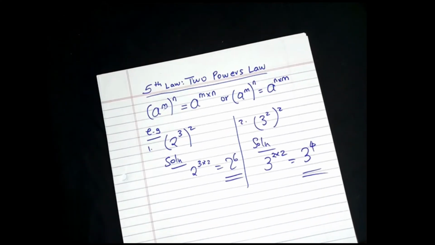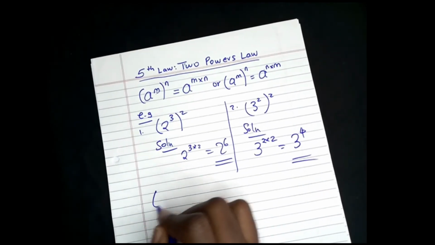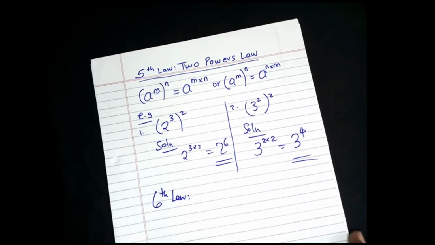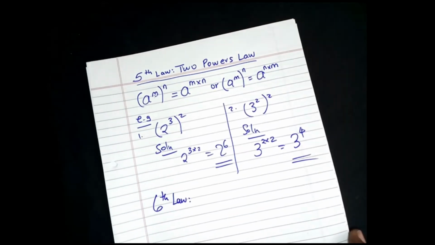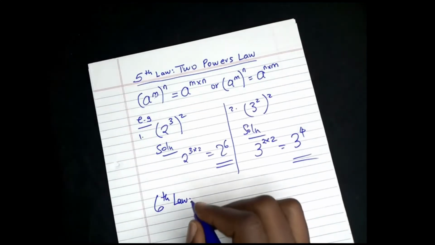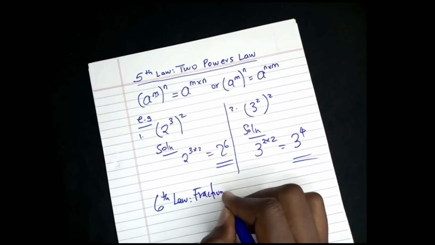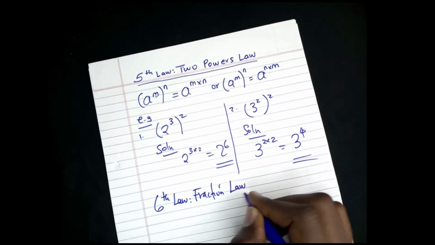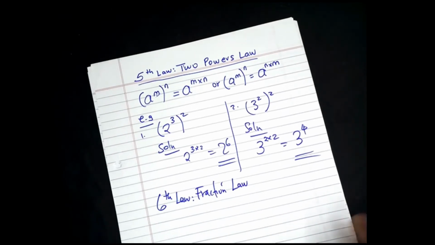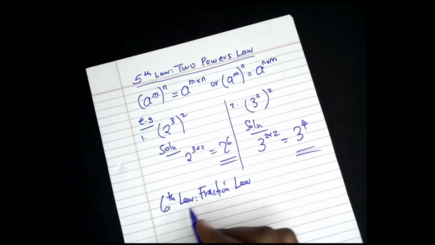And that covers it. Let us look at the sixth law. It is called the power of a product or the fraction law. It's called the fraction law or the power of a product, and it is represented in two ways.